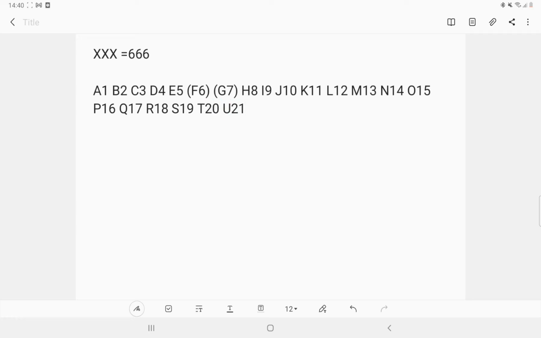Just hold on with me, guys, because if you don't know what I mean, I'll show you. So G7, H, I, J, K, L, M, N, O, P, Q, R, S, T 20, U 21, V 22, W 23, and then this is the one we need to watch, X is 24, so we're going to highlight this one as well, so put that in brackets.